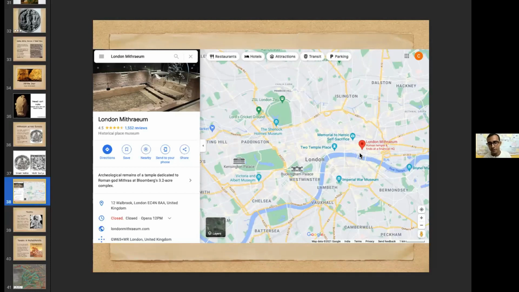When they were reconstructing a particular damaged building, they had to do a little digging. They found that there was an ancient structure below. When they dug deeper, they found an ancient Roman temple. The Romans had constructed a Mithra temple there, which is at least 1,900 or even maybe 2,000 years old. So the Mithra worship of Lord Surya Dev, Bhagwan Surya Dev, reached as far as modern-day London.